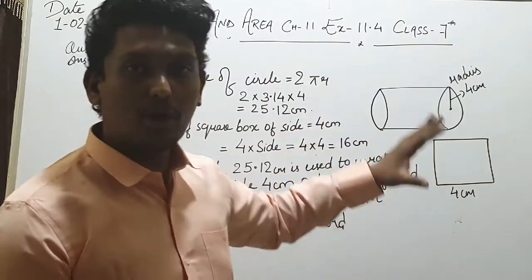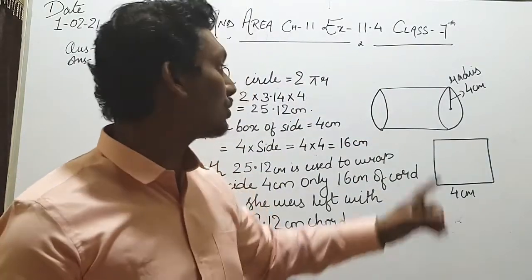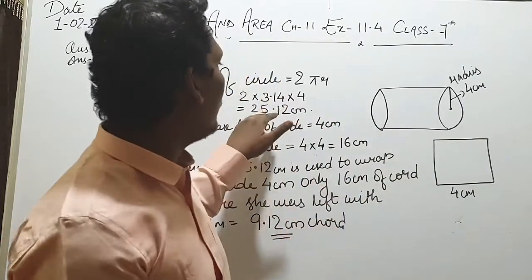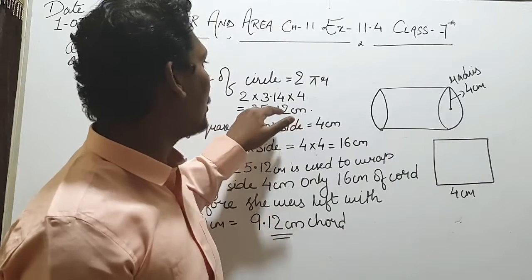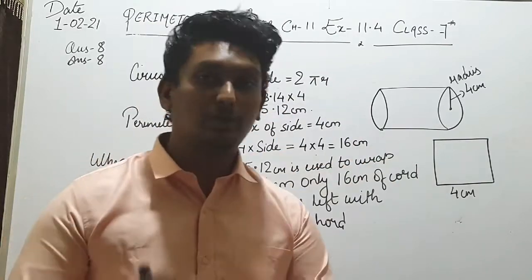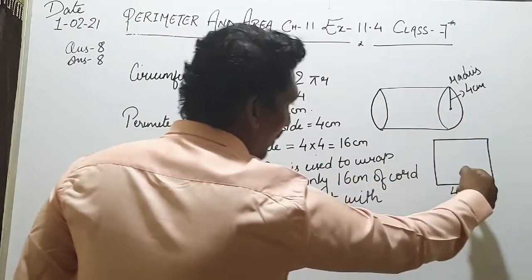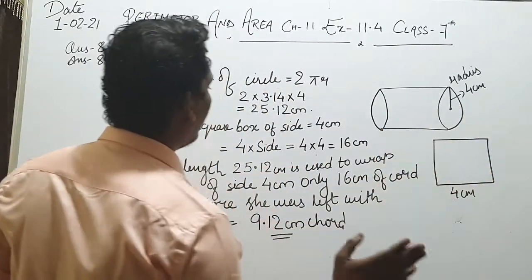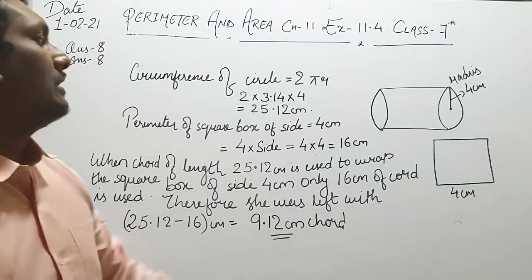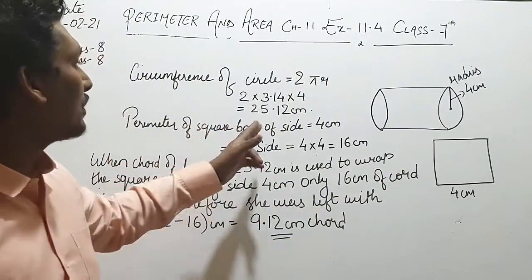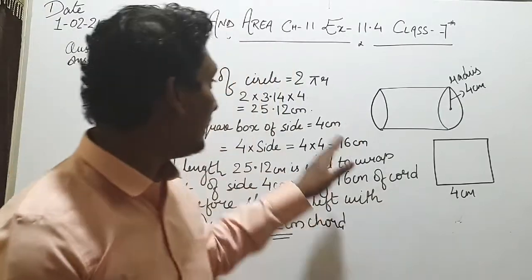And again the same cord she is using for wrapping the square box. The same cord of length 25.12 cm she is using for wrapping this square box whose side is given as 4 cm. So we have to find the perimeter of the box whose side is 4 cm.